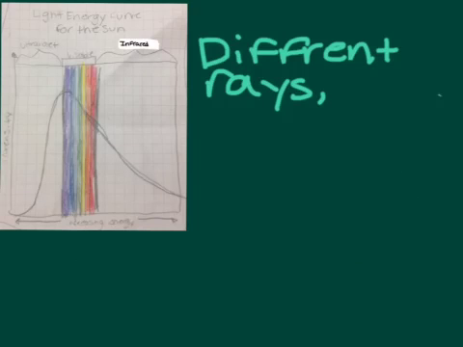Here, this is my favorite model from this chapter because it helps me look at the sun's different rays. There's infrared, visible, and ultraviolet light.